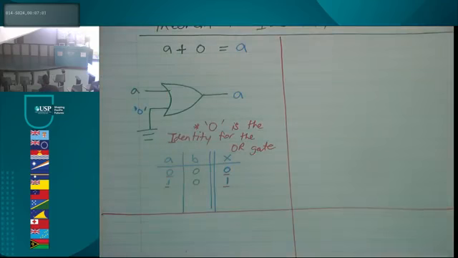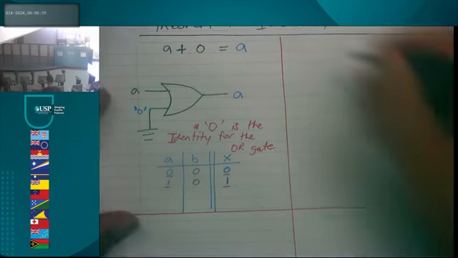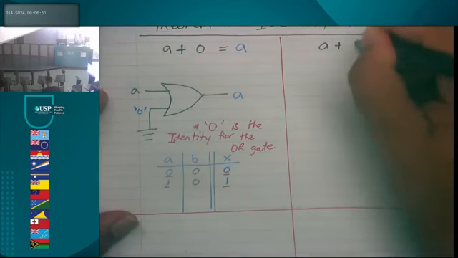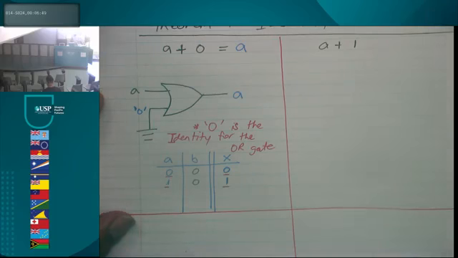All right? Okay. Now let's look at the next one. What if we had 1 OR with an input, okay, in the OR gate? So let's have a look at the circuitry.